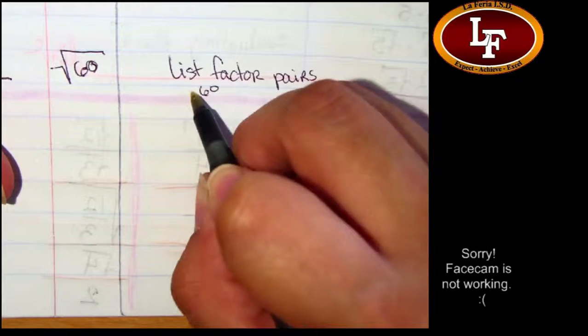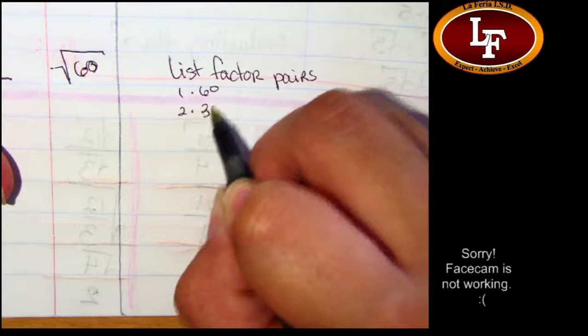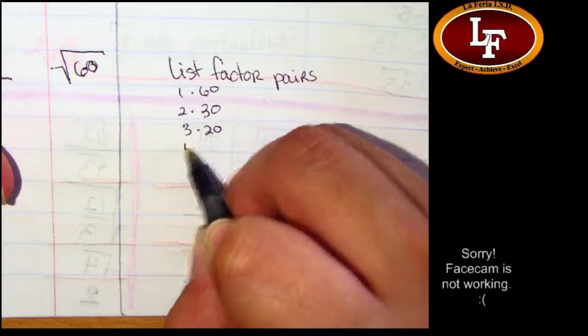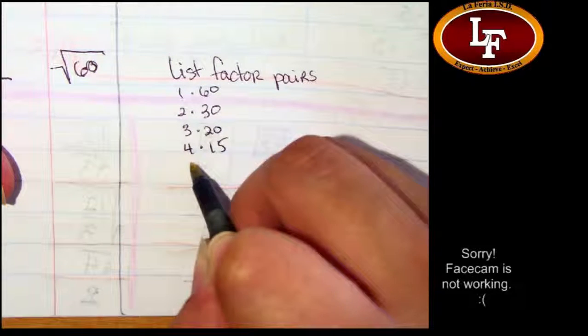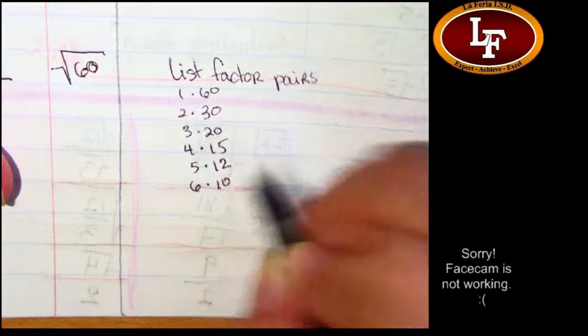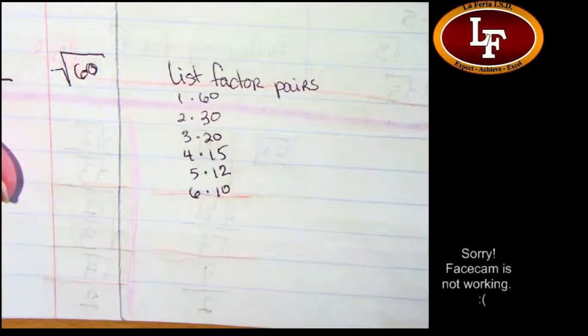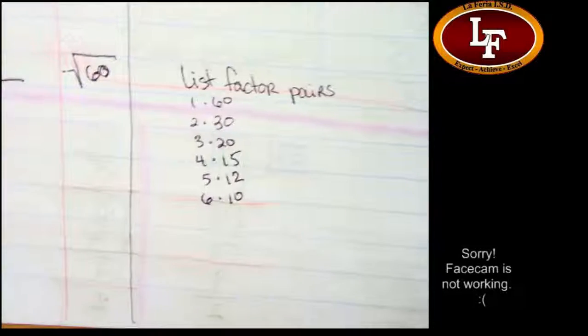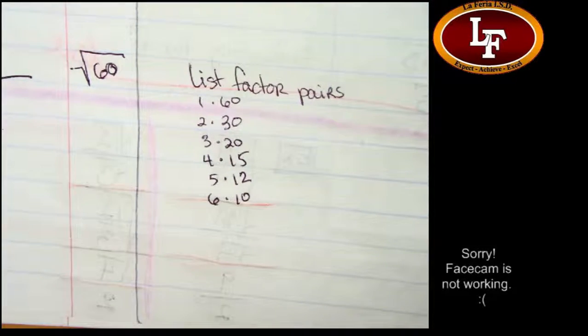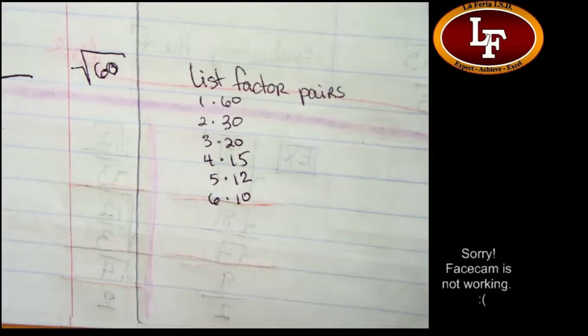Because with 60, we actually have quite a bit. We have 1 times 60, 2 times 30, 3 times 20, 4 and 15, 5 and 12, 6 and 10. And then we start repeating, so that's about where we stop.